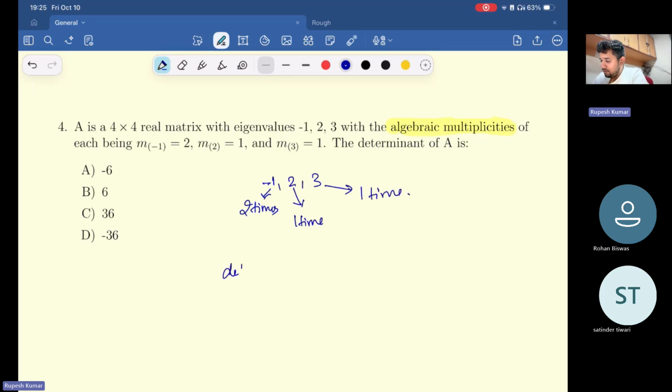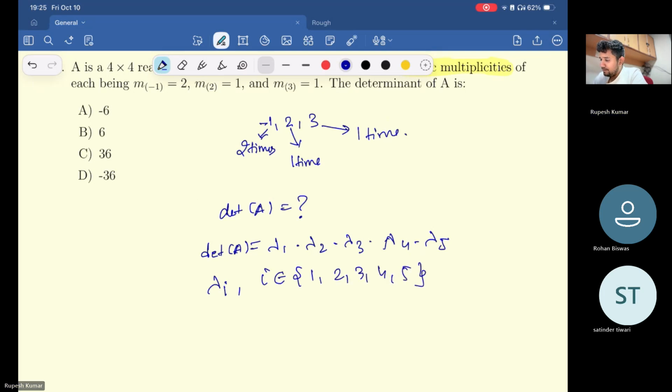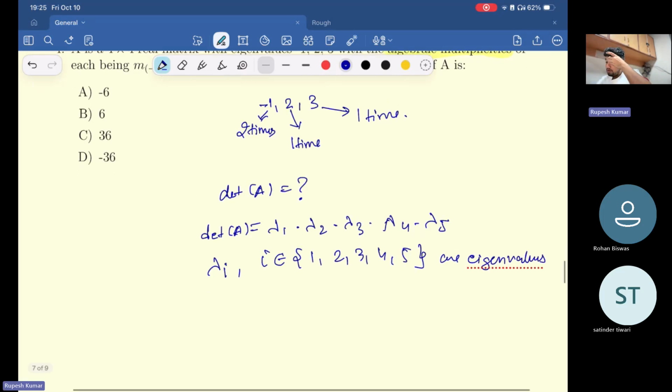Then what is the determinant of A? So basically we all know that the determinant of A is equal to lambda 1 into lambda 2 into lambda 3 into lambda 4, where the lambda i are the eigenvalues, right?